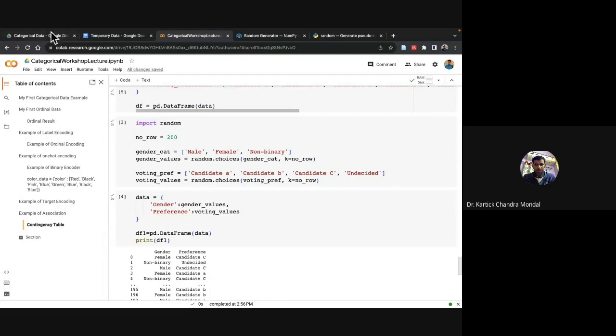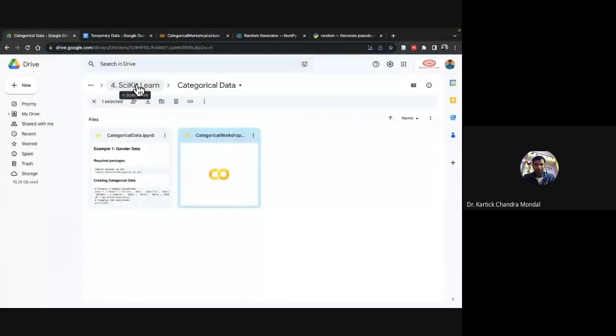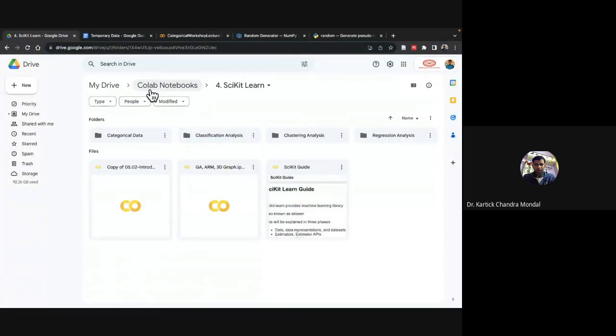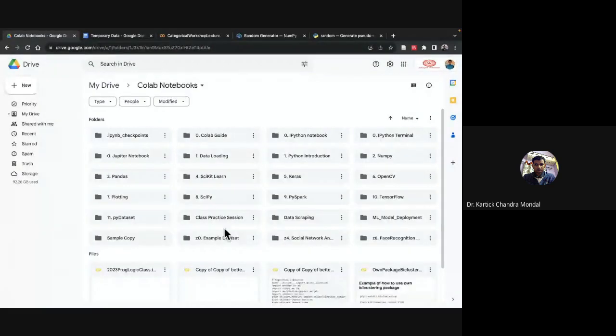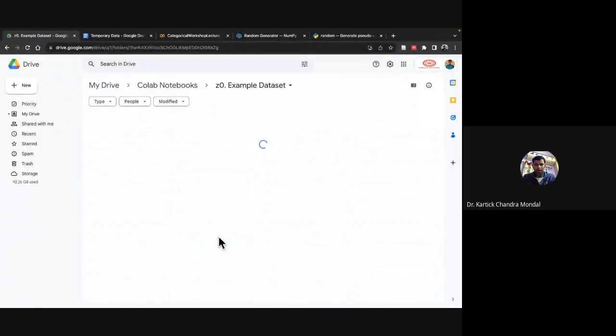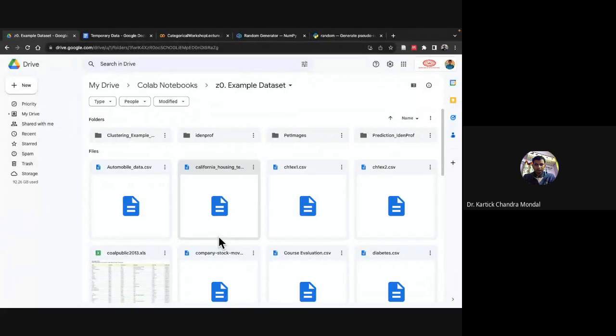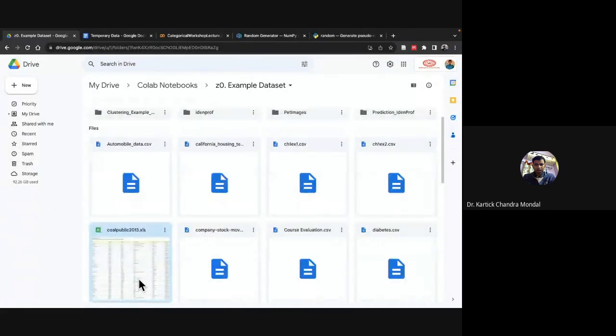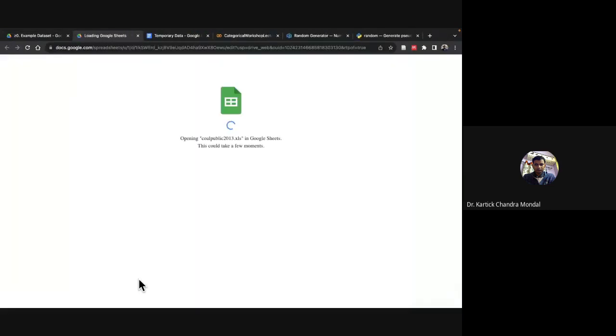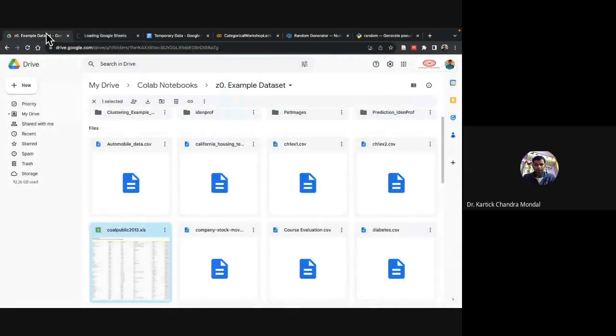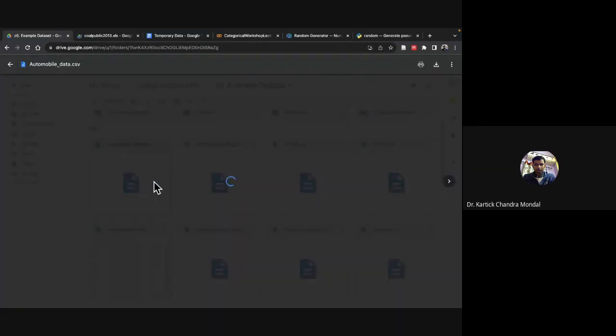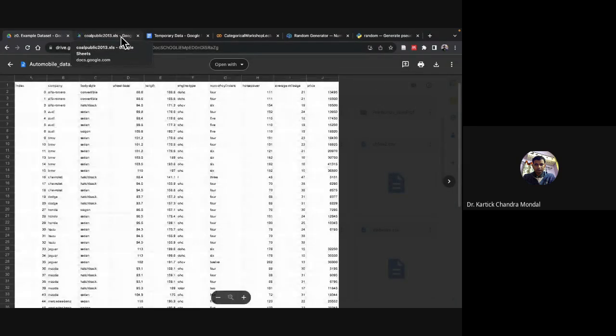Yeah, I got it. So let's say, for example, we have a sample data set, any data set. That can be in an Excel format like this, or in a CSV format like this.